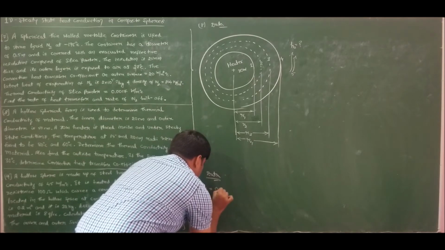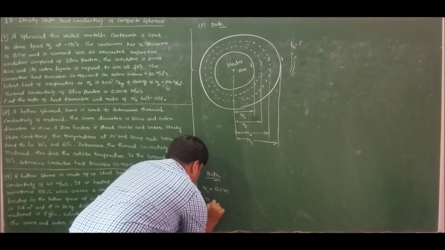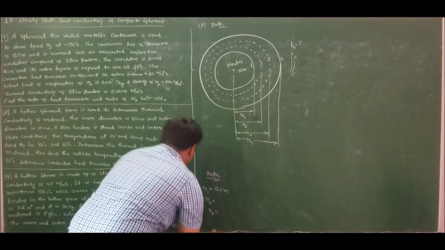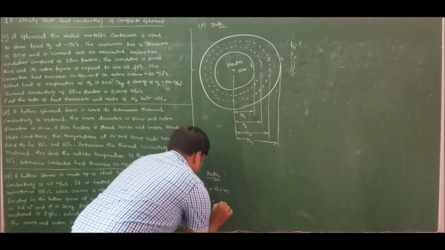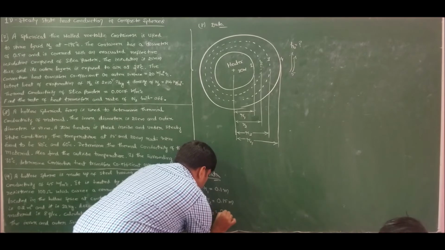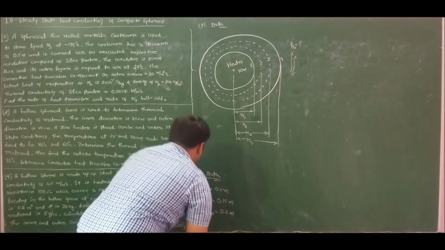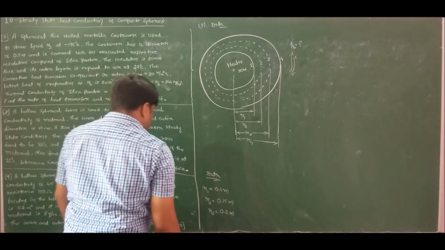Hence it is 0.1 meters, and he has directly given the radii R2 and R3 as 15 centimeters and 20 centimeters, that is 0.15 meter and 0.2 meter, and the outer diameter is 50 centimeters.